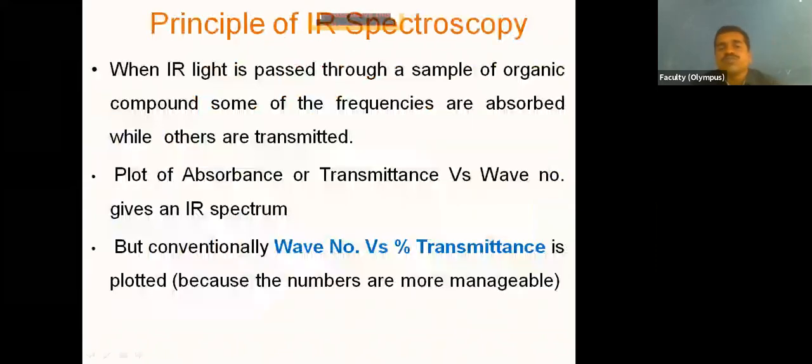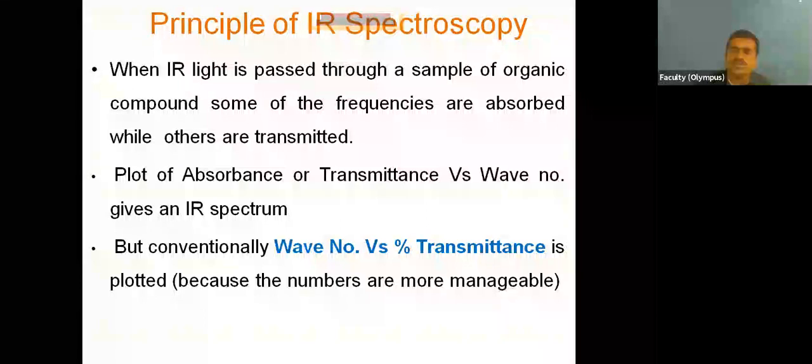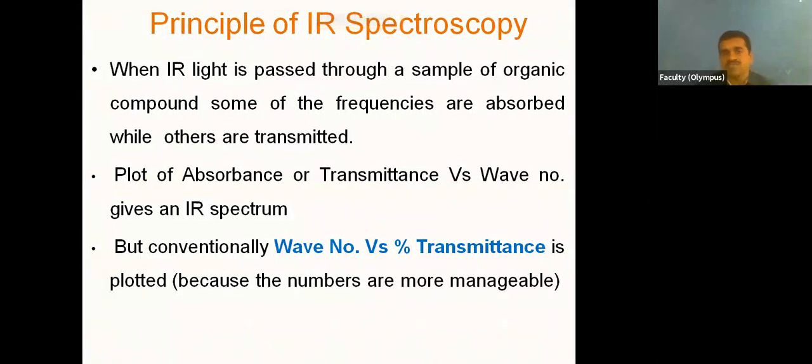Now, what is the principle of IR spectroscopy? Just like other spectroscopies, when we pass infrared radiation through the sample of an organic or inorganic compound, some part of that radiation is absorbed and the remaining part is transmitted as it is.